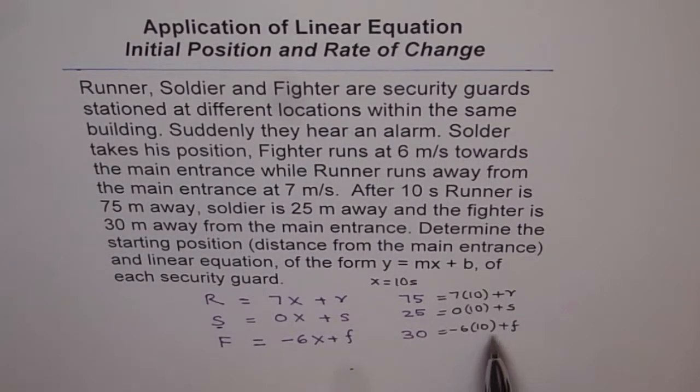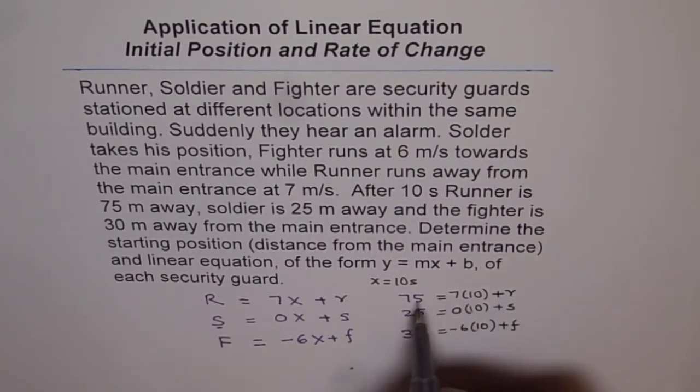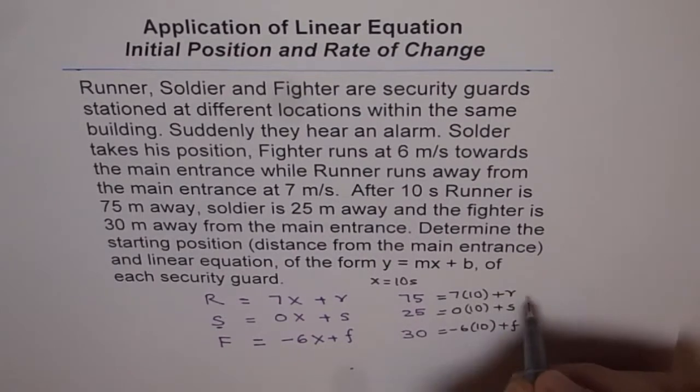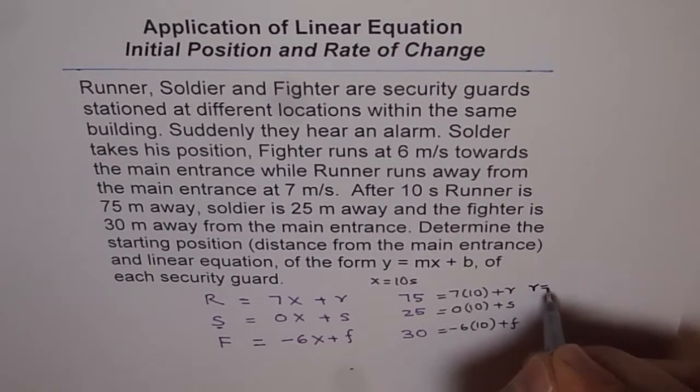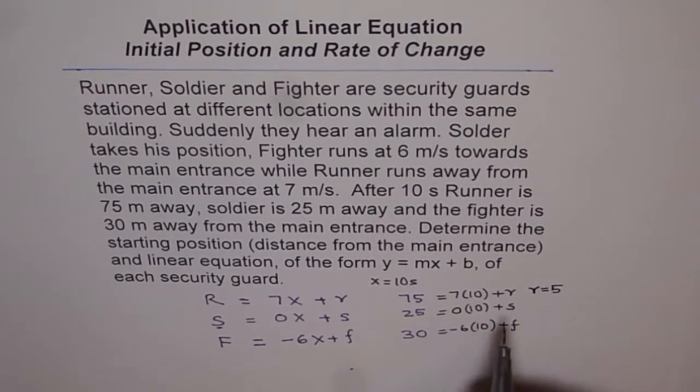Now from here, we can calculate 7 times 10 is 70. Now 70 plus 5 is 75, correct? Or you can calculate R by taking away 70 from 75. So that gives us R equals 5. Now here for soldier, the 0 term is gone, so S is 25.